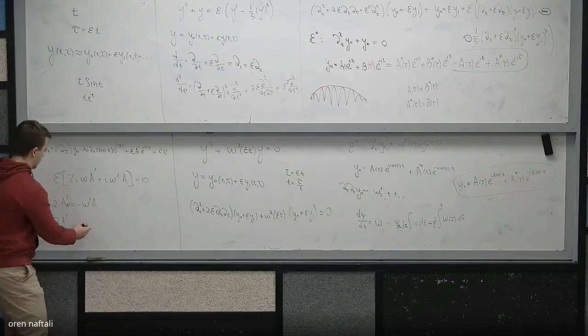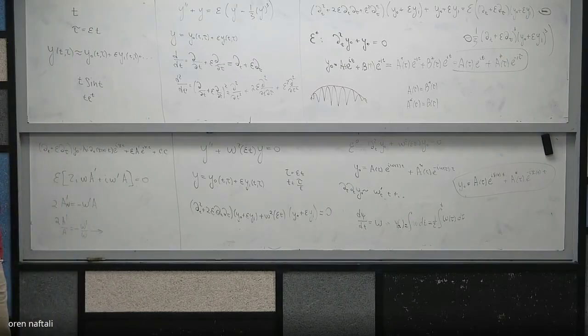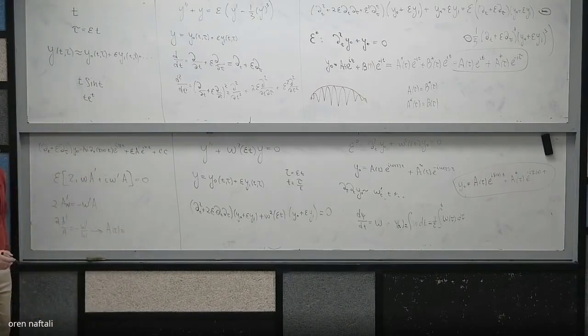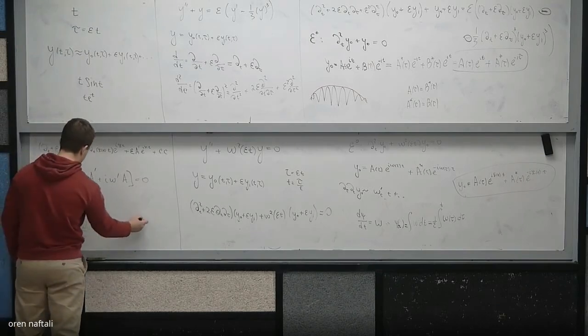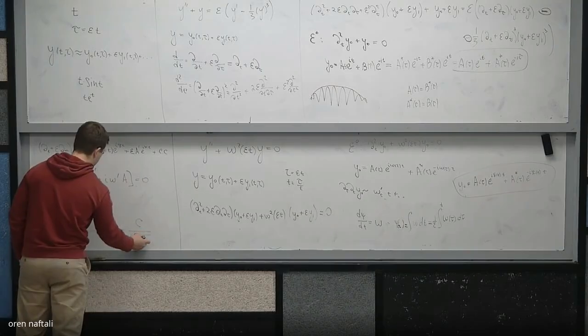Now the solution is A of tau equals a constant over the root of omega.